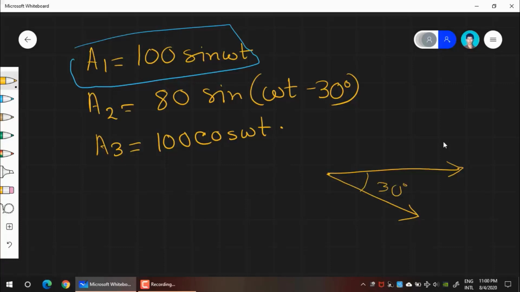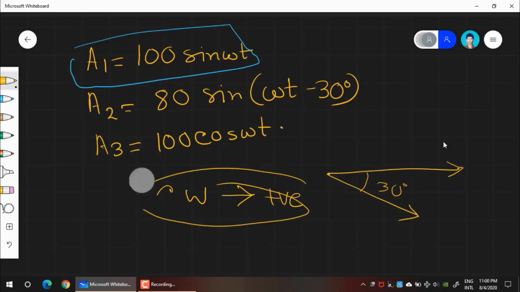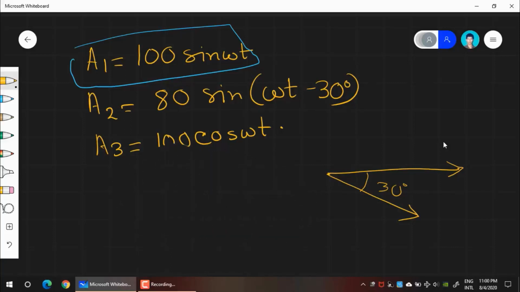Do remember, we will always consider movement in the anti-clockwise direction as positive. Movement in the counterclockwise direction is positive.